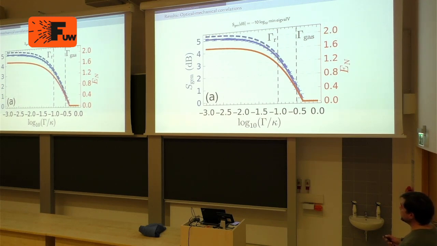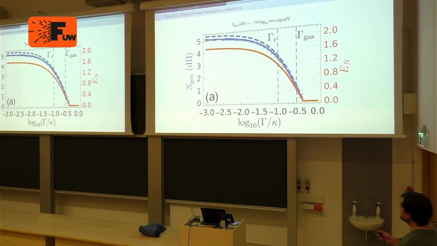The solid line is computed assuming the rotating wave approximation, and the dashed line is when I don't assume the rotating wave approximation, which means that if I have the two-mode squeezing interaction plus some residual beam-splitter interaction, the system actually performs a bit better. This seems to suggest that it's a non-trivial choice, that we don't have to tune exactly on the upper mechanical sideband to maximize only the two-mode squeezing interaction.